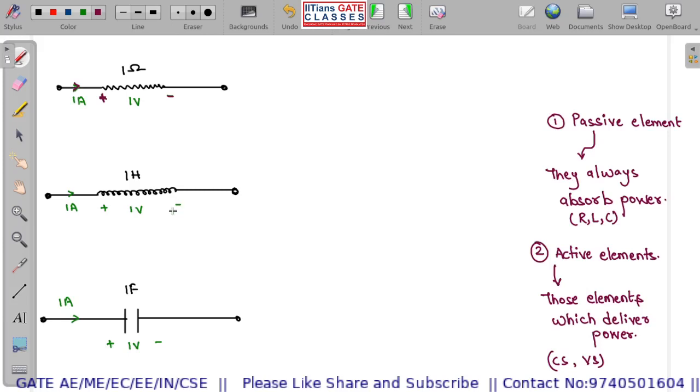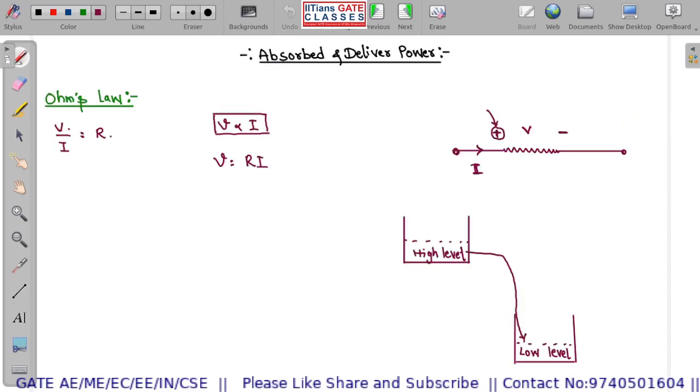So these three are your passive elements, and passive elements absorb power. Power is actually voltage into current. I should have derived this first.